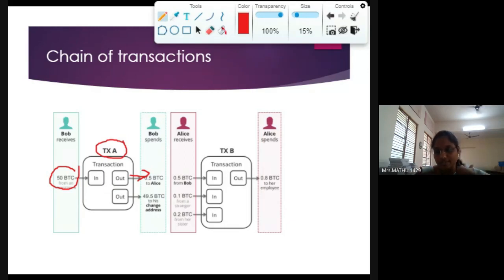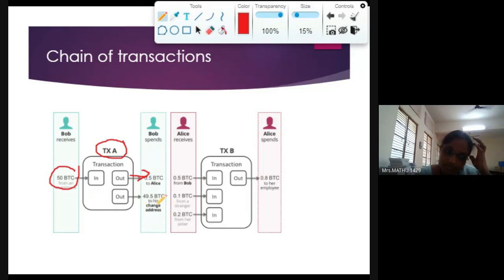That has to be with us. Out of 50 rupees, only 50 paise he is giving to someone else, so the remaining 49.5 again belongs to me. So this 49.5 has to be credited again to my own account.